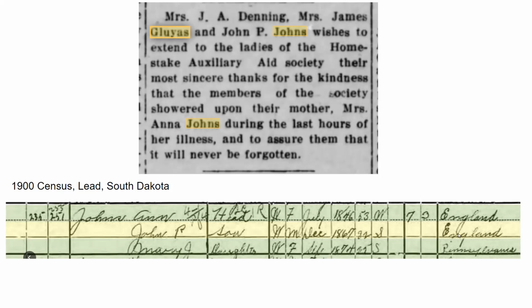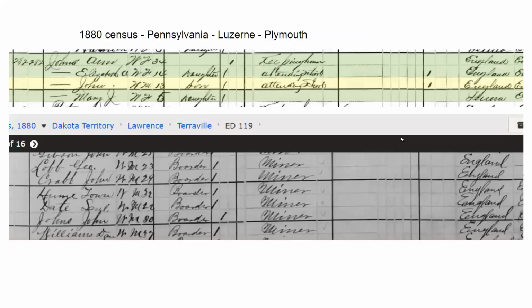John was born in England, Mary in Pennsylvania. Well, we saw a moment ago they moved to Pennsylvania. So if we now go back to the 1880 census, okay, we find Anne with Elizabeth A., Elizabeth Ann, John and Mary J., and they're all born in England except for Mary J., who was born in Pennsylvania.